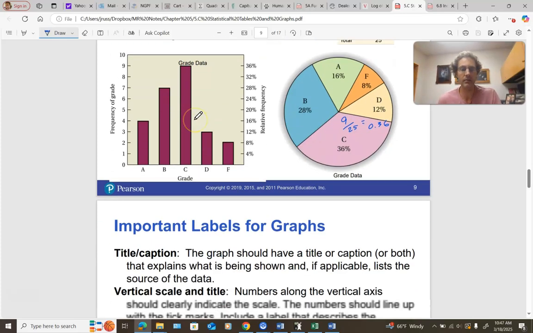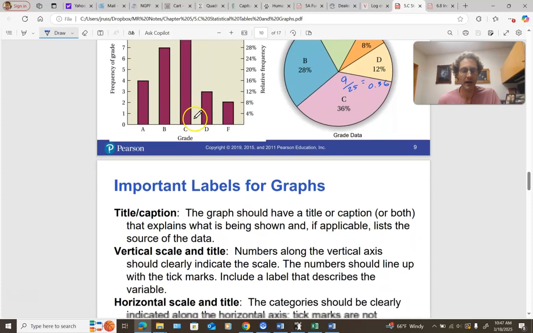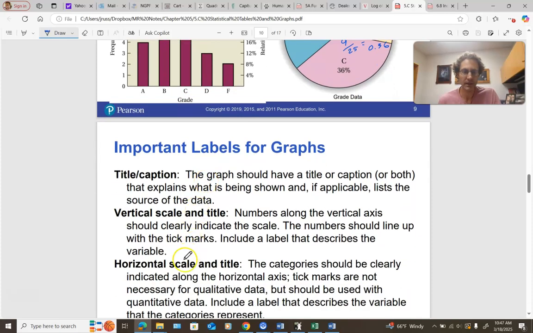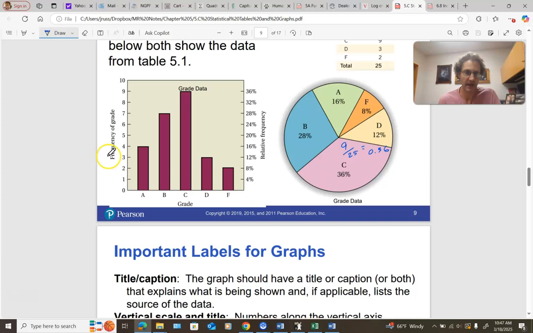So you're going to need a title, and if you're using a bar graph, you're going to need to label your axes. Your vertical axis should have a title, and the title here is "frequency of grade." That's straightforward enough.